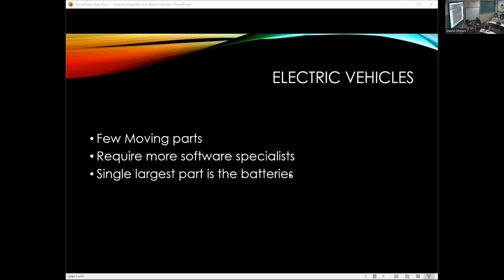Now, because of this, over 50% of the revenue that is generated at an average automobile dealership is in service. All right. So what happens to service in the electric vehicle world? That's the question that you have to ask.